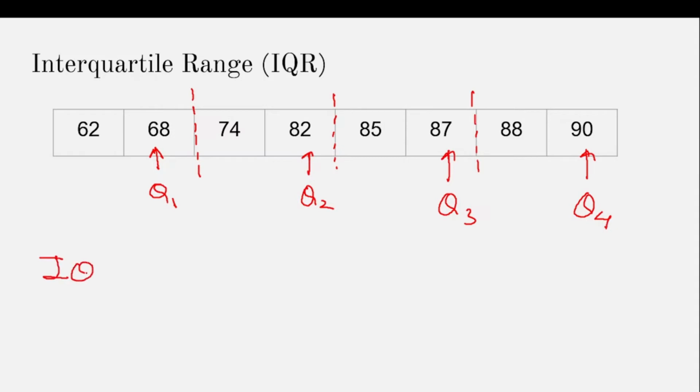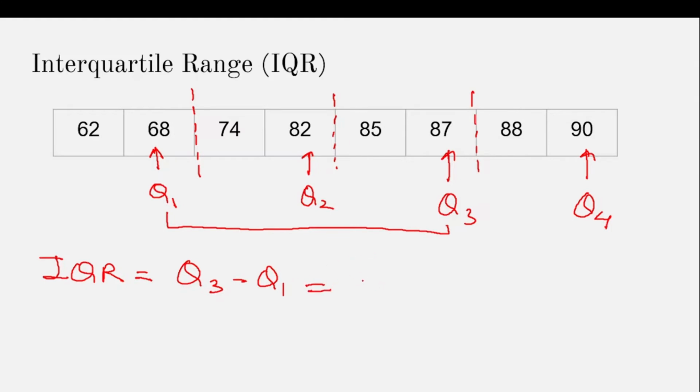My IQR is equal to Q3 minus Q1. It tells me this range. So my Q3 is equal to 87 and my Q1 is equal to 68. Subtracting these two, we get 19. So this is IQR or interquartile range.